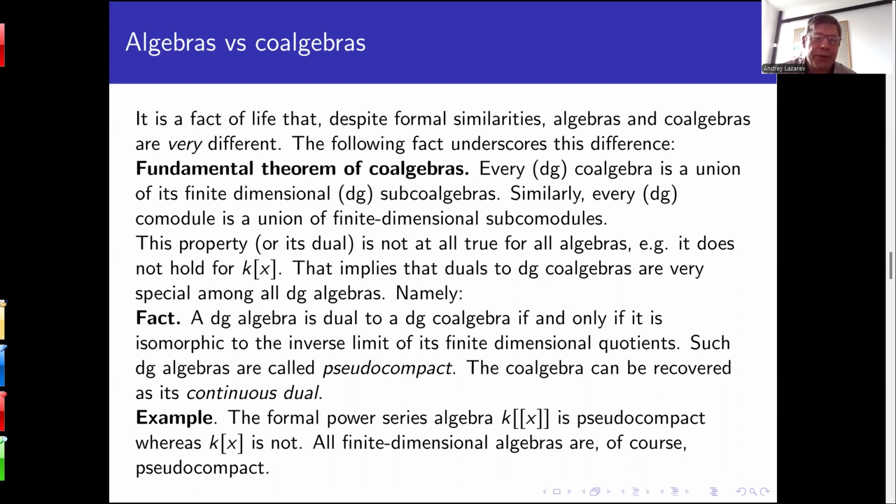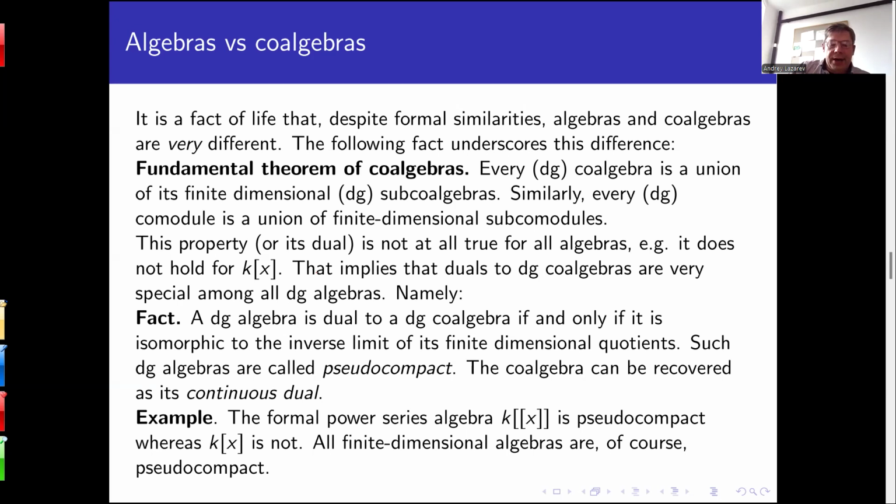It doesn't hold for K[x], just a polynomial algebra in one variable, which doesn't have any finite dimensional subalgebras at all, except for the zero subalgebra. So that means that duals to differential graded coalgebras are very special among all differential graded algebras.